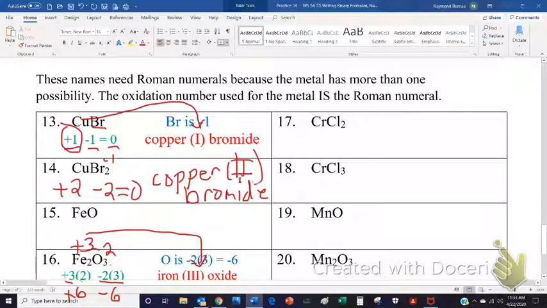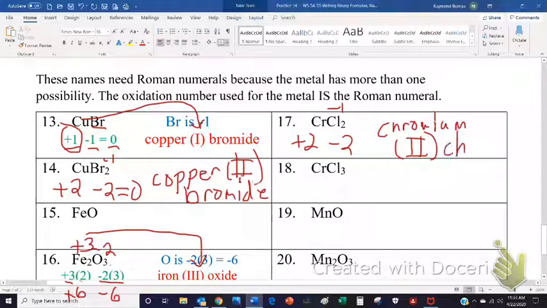All right, chlorine is always going to be -1. So twice would make it -2. That means chromium is +2. That gives us our 0. So this will be chromium 2 chloride.